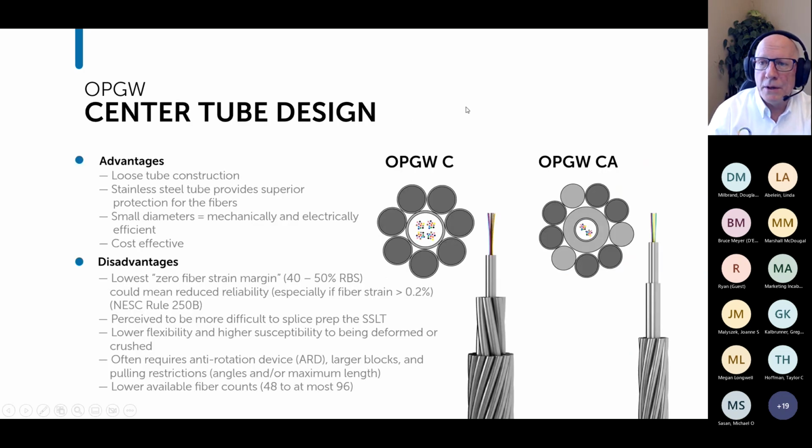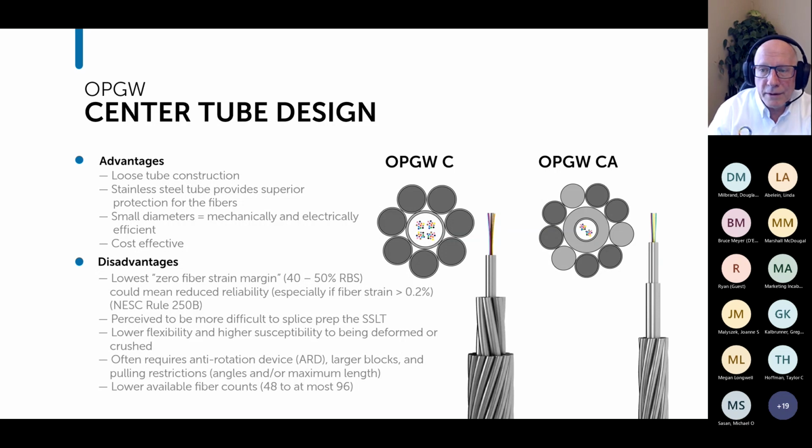So first up, center tube designs, again, plain tube or a tube with aluminum. The advantage is it's a loose tube construction, but all of these are. But what we're going to see is that there's loose tube and then there's loose tube. In this type of cable, your only source of EFL, the excess fiber length, is inside the tube itself. Remember, I said if you strand a tube, you can get more.